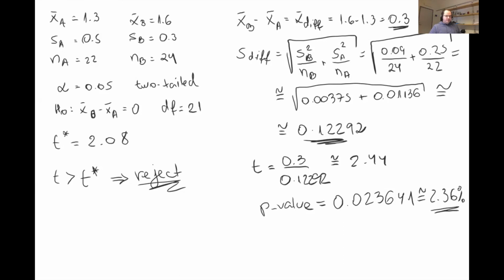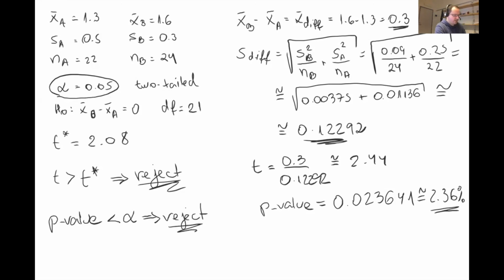And again, you can see that it's a rejection, because our significance level is 5%, and 2.36% is less than 5%. So the probability of this happening is too low. The p-value is smaller than my alpha, which leads to a rejection.